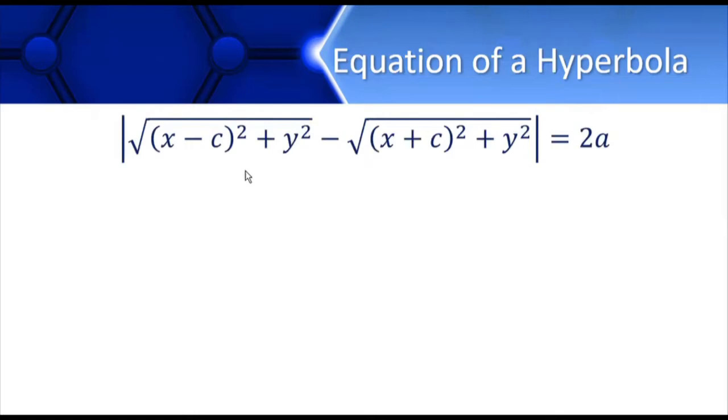Okay, let's start with the given constant equation. So, nakuha na natin yung distance ng F2P minus F1P. So, dito, pwede nating alisin itong absolute value. Then, itong negative square root of quantity x plus c square plus y square, pwede natin siyang dalhin sa right side of the equation.